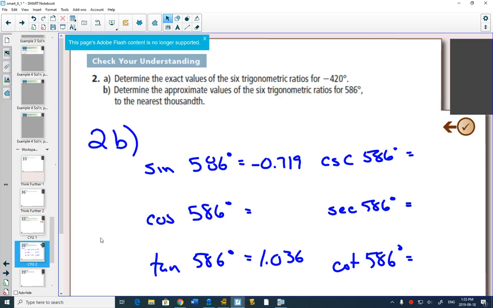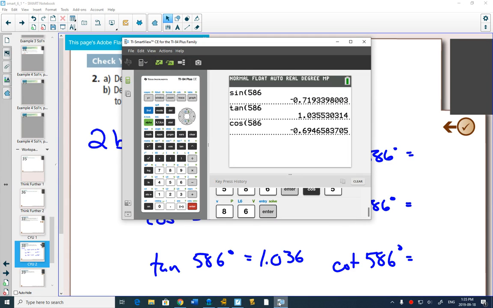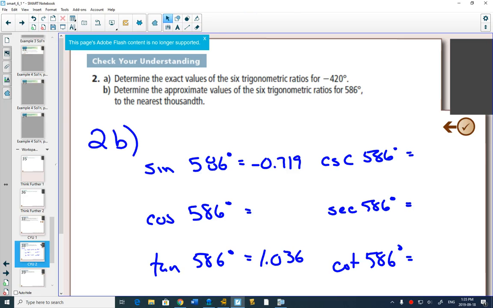And finally, for cos, we've got negative 0.695. Correctly rounded to 3 decimal places. Perfect.